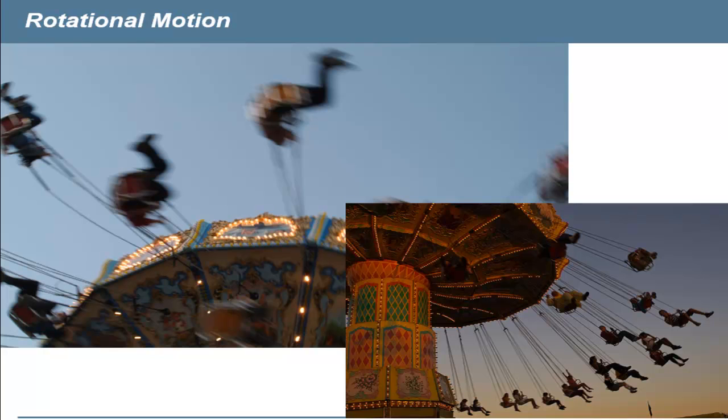Just like you have here, this ride at a circus is rotating around this center axis here. This is the axis of rotation that it's rotating around, and these people are going around the center of this as the entire thing rotates around, probably in this path like this.